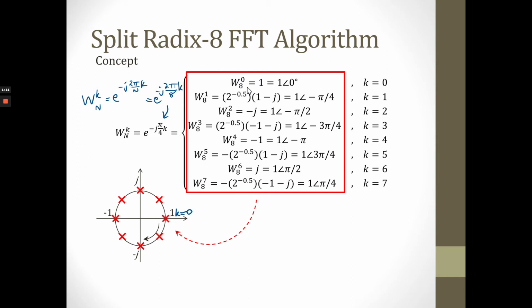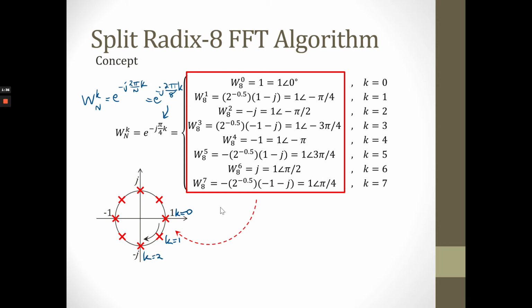So the first one is 1 at this location. For k equal to 0, the magnitude is 1, the phase is 0. The next one is for k equal to 1, the magnitude is 1, the phase is negative pi over 4, which is negative 45 degrees.